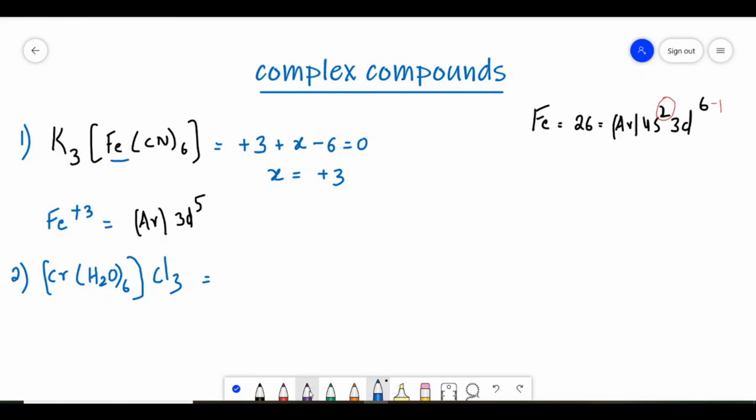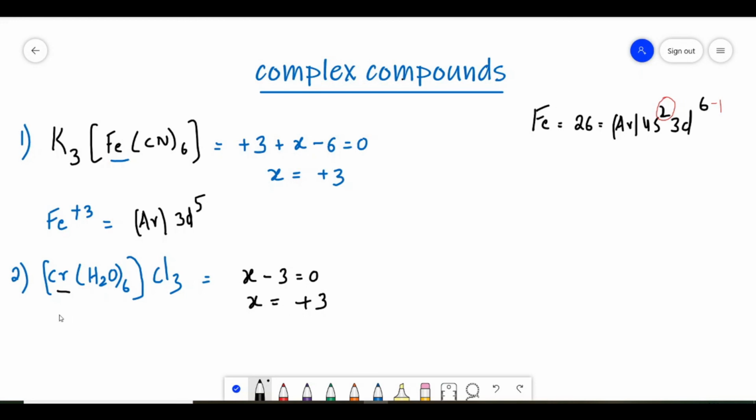Let us find the oxidation state of chromium. Chromium is taken as X, and water is neutral, so water does not have any charge. You can directly take it as 0, and 3 chlorines are there, so it is minus 3, equal to 0. So now X is equal to plus 3.